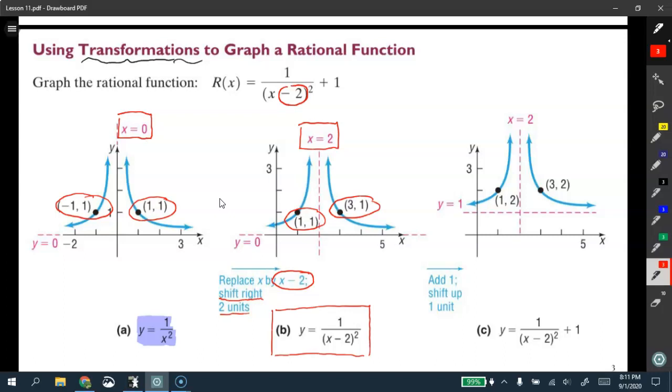And notice that the y equals 0 stays, because moving sideways is not going to affect a horizontal asymptote. It's a line that's basically running along the x-axis anyway. So nothing's going to happen to that just because you moved it towards the right. So that's why you'll notice that this second graph is basically the first graph, except it's shifted 2 units right.